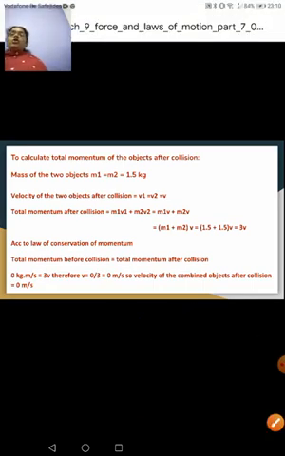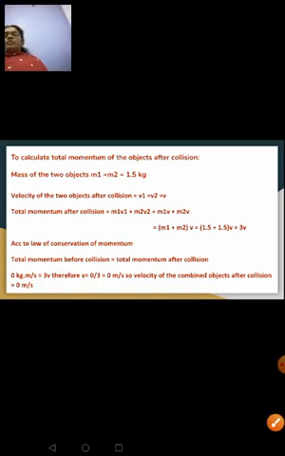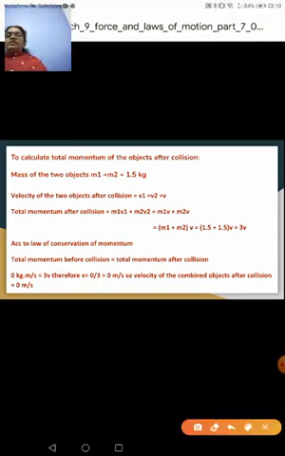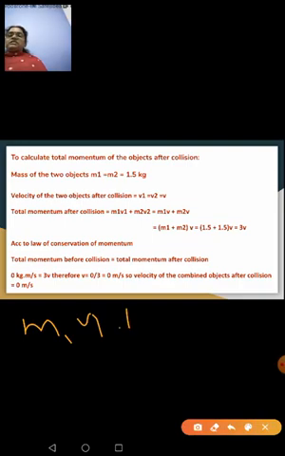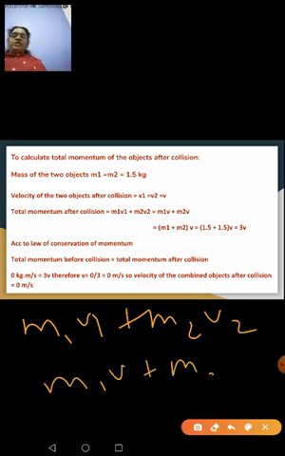Now for the total momentum after collision, what is the formula you have to apply? m1v1 plus m2v2, right, which is equal to m1v plus m2v. We have assumed v1 and v2 as v only. So taking v common, we'll get m1 plus m2 into v.